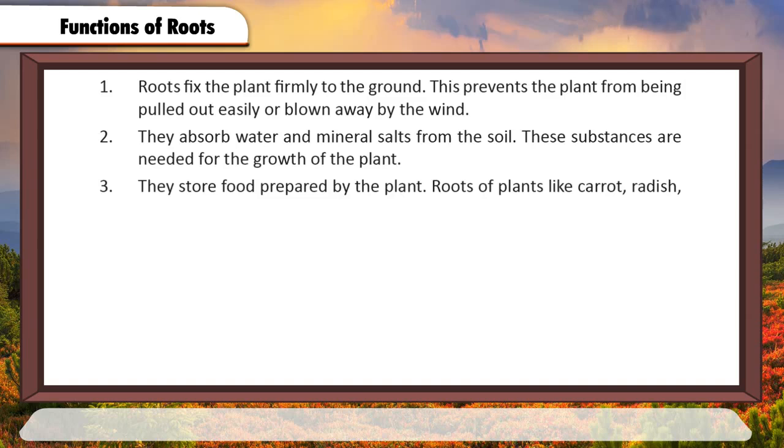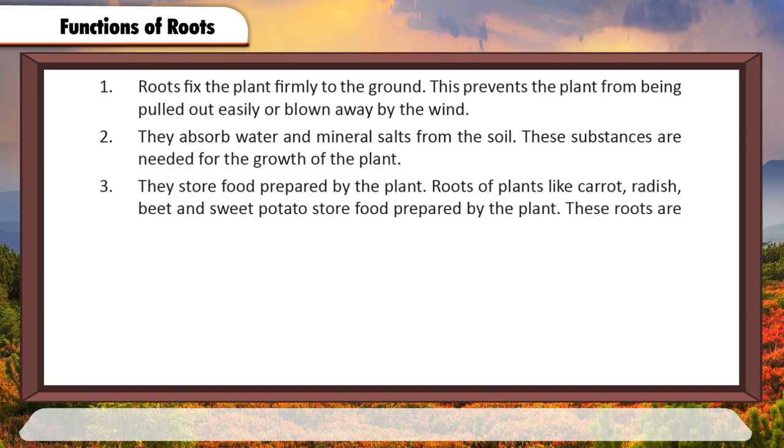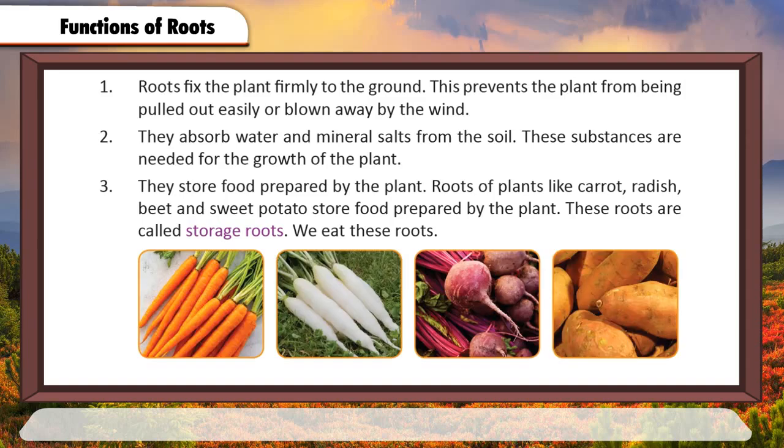They store food prepared by the plant. Roots of plants like carrot, radish, beet and sweet potato store food prepared by the plant. These roots are called storage roots. We eat these roots.